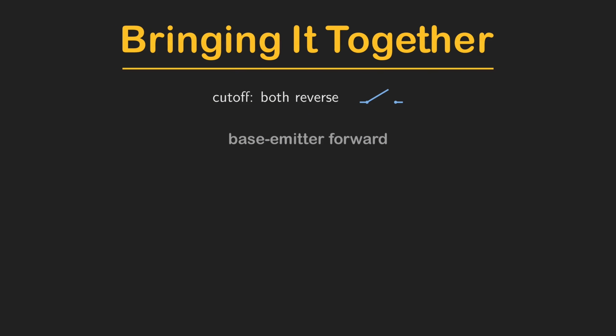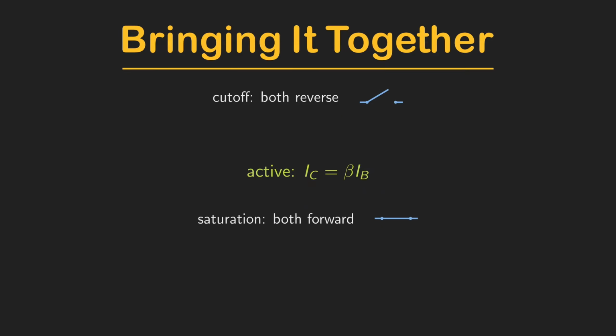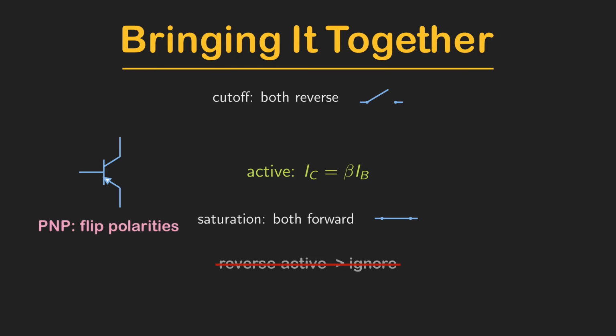When the base emitter is forward and the base collector is reverse, you are in active, the amplifier, where the collector current equals beta times the base current. When both junctions are forward, you are in saturation, a closed switch. And the fourth region, reverse active, we simply ignore. And remember, for a PNP transistor, you just flip every polarity and nothing else about the method changes.